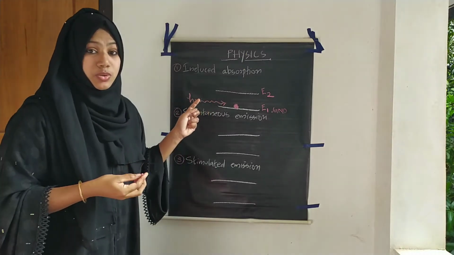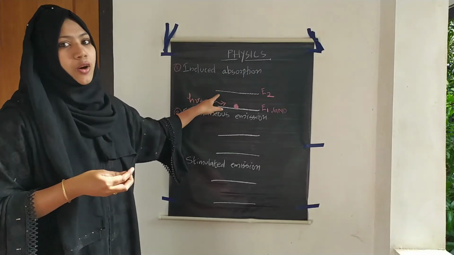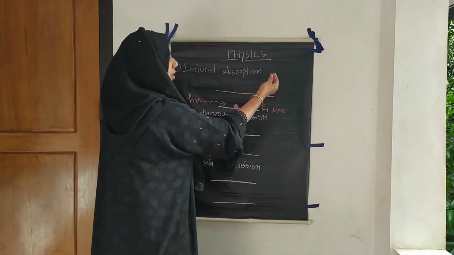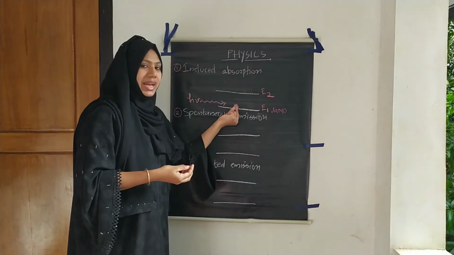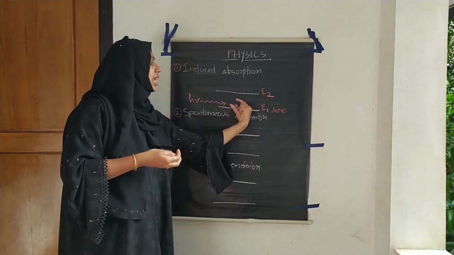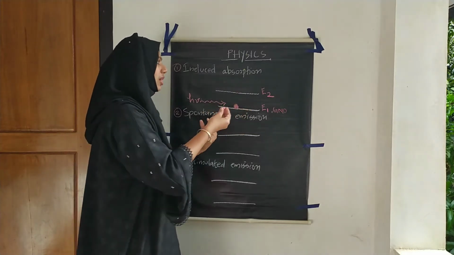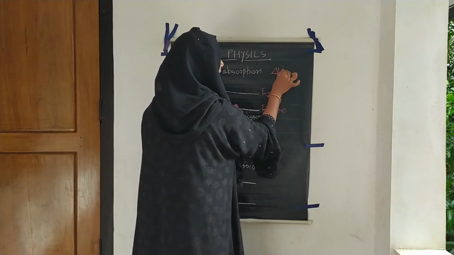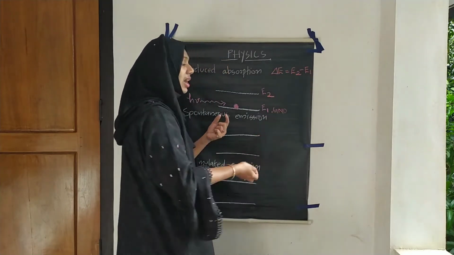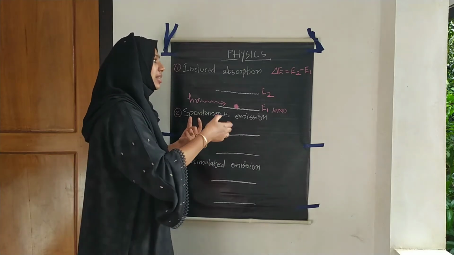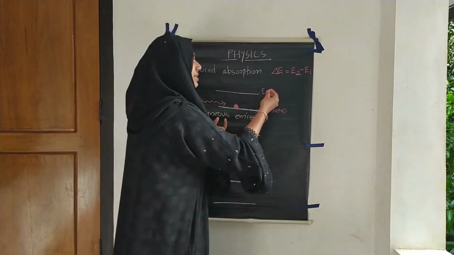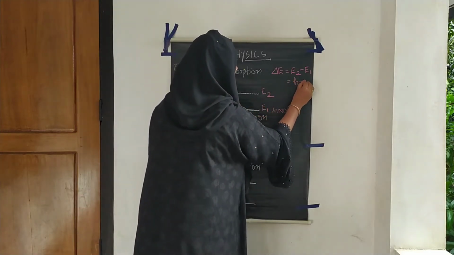So what is h nu? h nu is the energy of the photon that we are providing externally. This atom must gain an energy of E2 minus E1, so the energy difference delta E is equal to E2 minus E1. How much energy is needed? That is the energy difference between these two energy levels, and that is h nu.